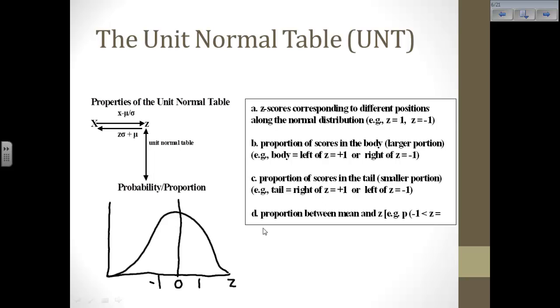So to the right of z +1, so if we were over here, greater than a z-score of 1, that's a tail. Or to the left of z equals -1, or less than a z-score of -1, that's a tail, the smaller portion. And the proportion between mean and z, that would be from 0 to 1, or from -1 to 0, or any z-score to the mean. And I'll show you how to use this unit normal table to find all sorts of wonderful things.